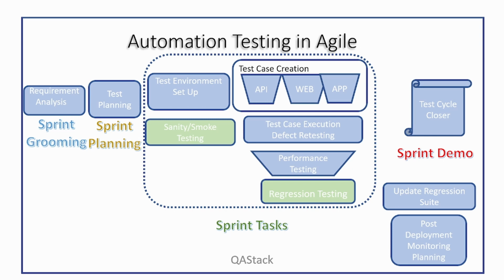After this, the sprint tasks are to be performed as part of sprint activity. The first task is test environment setup. This is a very important part, and it is highly required that environment setup should be done without any errors, because in case environment setup is not done properly, then many times it happens that the developer's time is consumed mostly in fixing the environment issues rather than actually fixing the software issues.